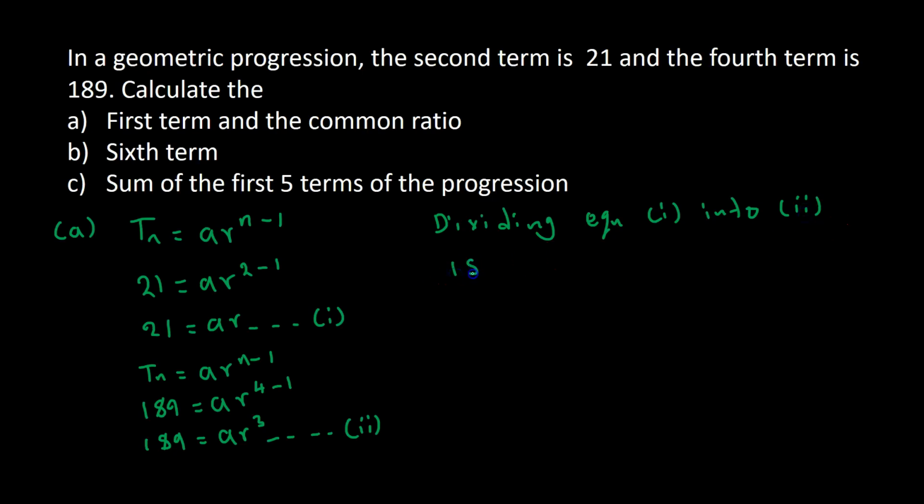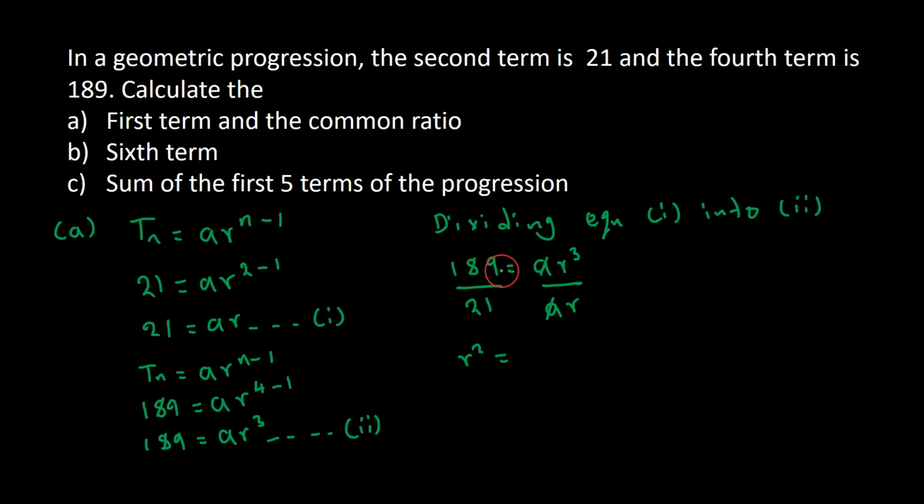So the second equation is 189 equals ar to the power 3, divided by the first equation, which is 21 on this side, and on the other side we write ar. So you have ra and a can cancel out. R into r to the power 3, you just have r squared there.